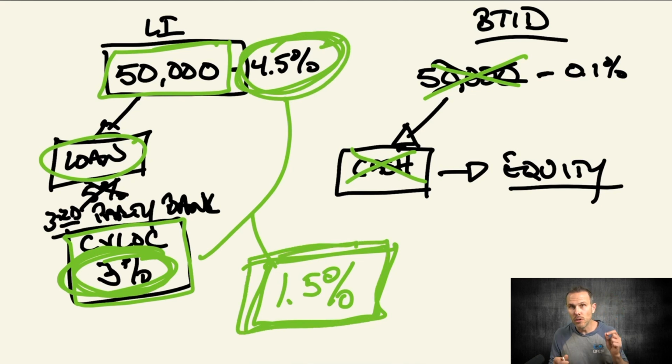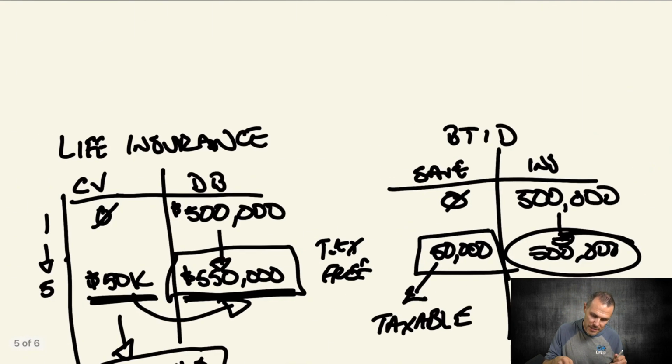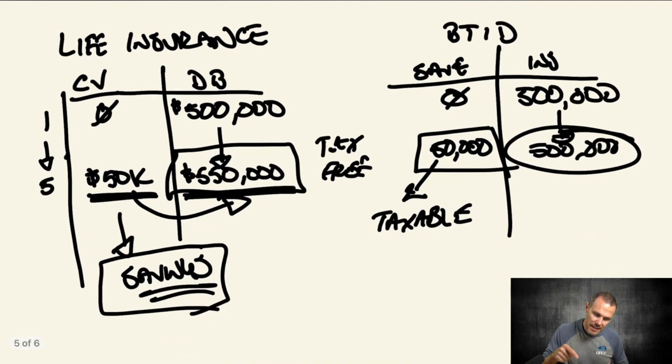So when you look at the power of whole life insurance, yes, from a perspective, you don't get to keep the cash and the death benefit. They all get lumped into the death benefit.